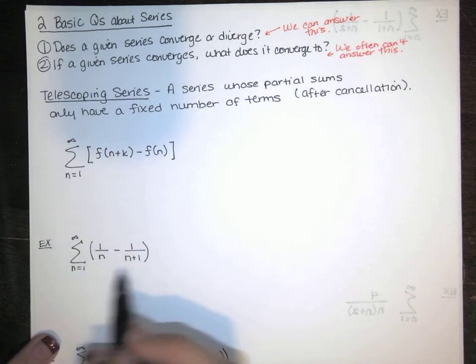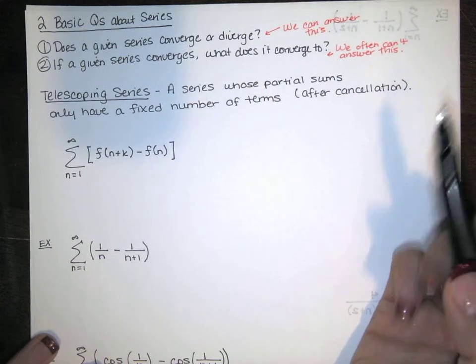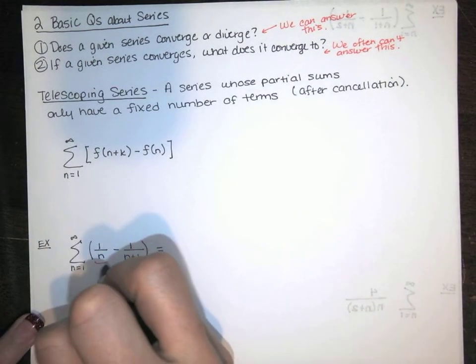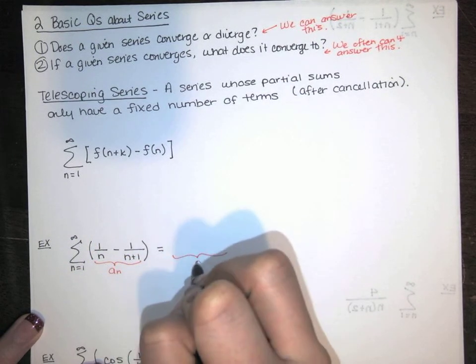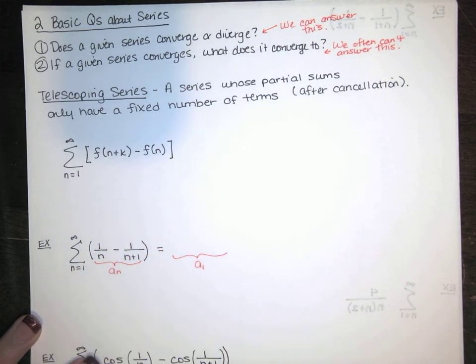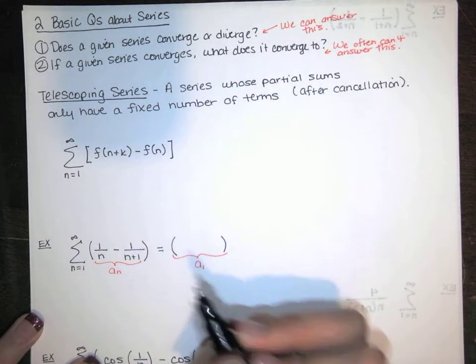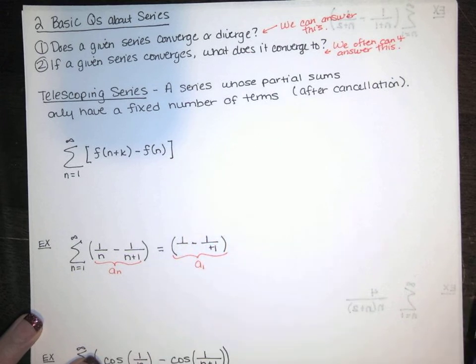So let's expand this so that we can see what happens to the partial sums. So this is my a sub n. So a sub 1 has two parts to it. When I substitute in n equals 1, I get 1 over 1 minus 1 over 1 plus 1.